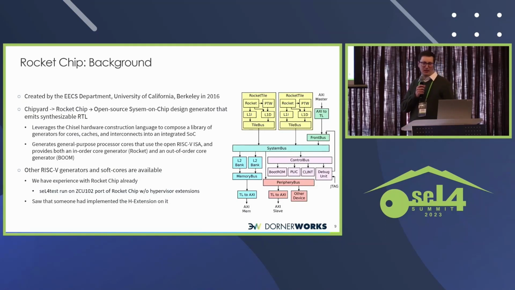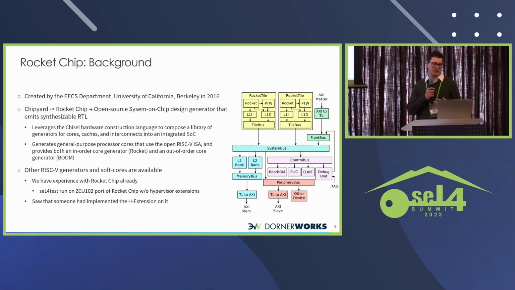So Rocket Chip, that is the soft core that we decided to go with. A little bit of background on that. It was also created by Berkeley. This was in 2016. And essentially what Rocket Chip is, it's more of an SoC design generator.